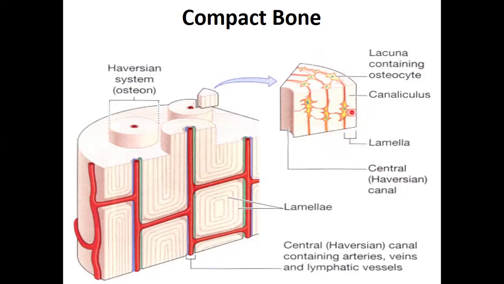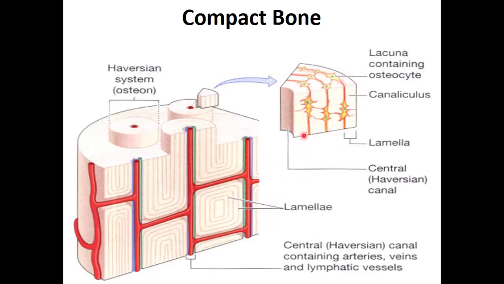For the bone to remain the way it is, it's because of the presence of osteocytes. When the bone is fractured, to repair that bone, we need osteoblasts. Once the repair has occurred, those osteoblasts turn into osteocytes and remain inactive.